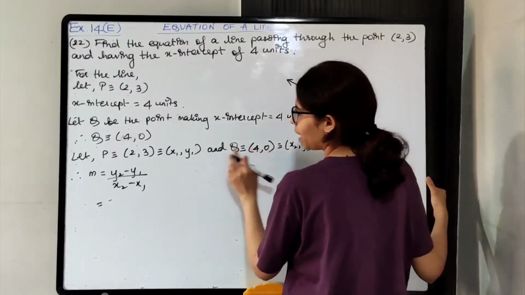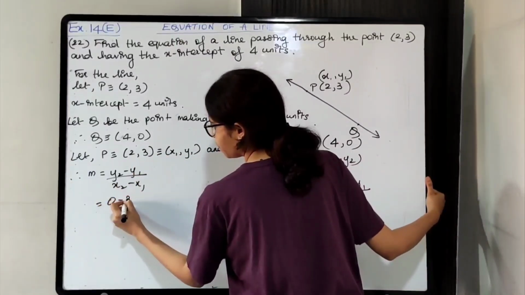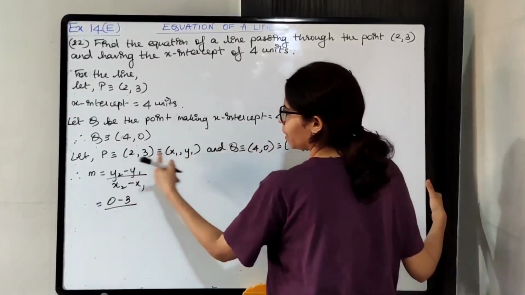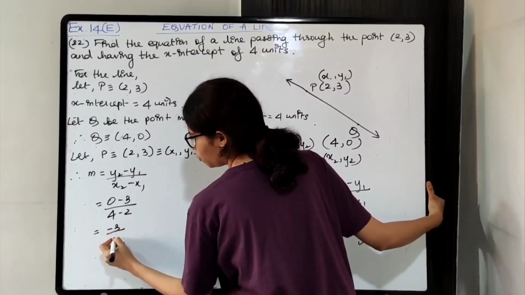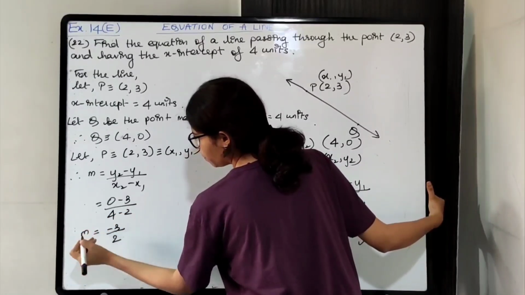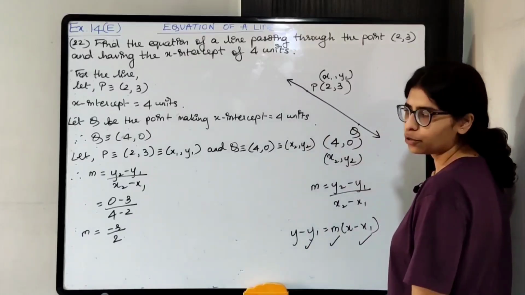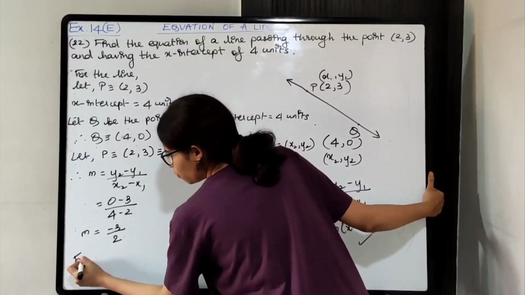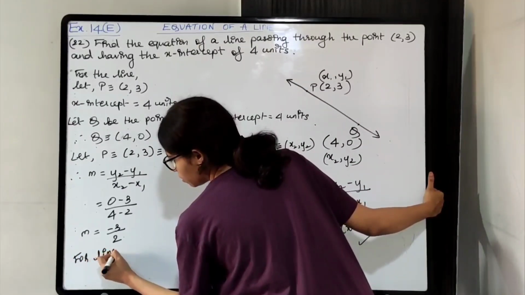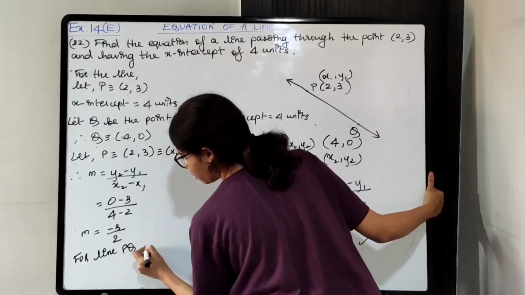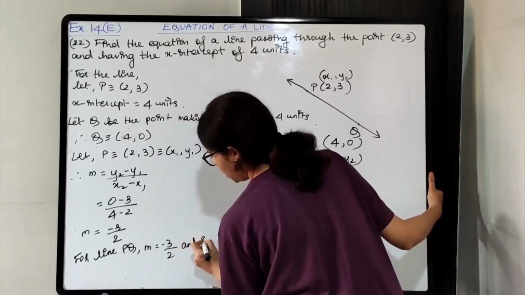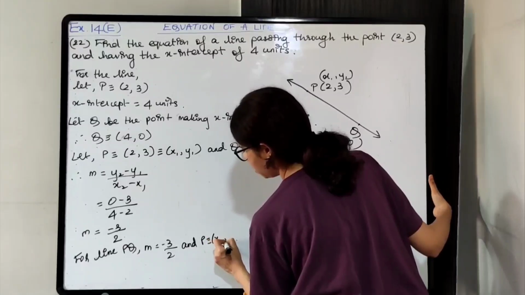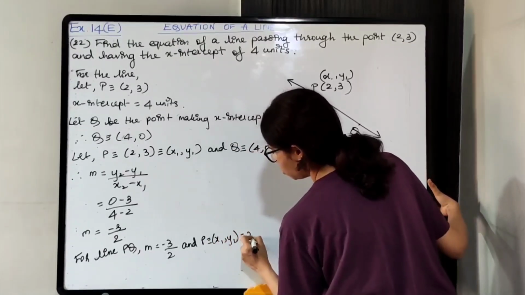So 0 minus 3 upon 4 minus 2. So that gives minus 3 upon 4 minus 2, which is 2. Okay, so slope is minus 3 upon 2. So for line PQ, we have slope as minus 3 upon 2 and P, x1 y1, is 2, 3.